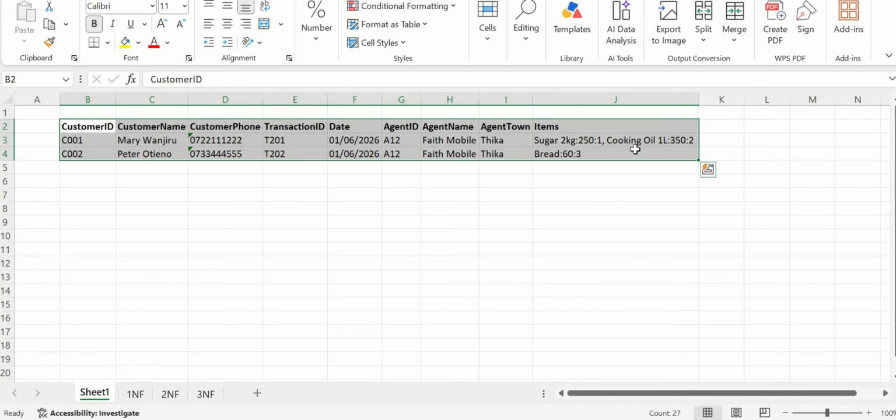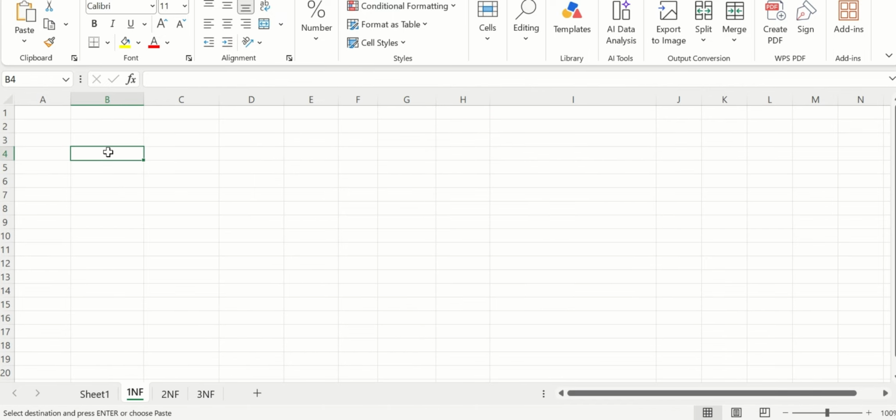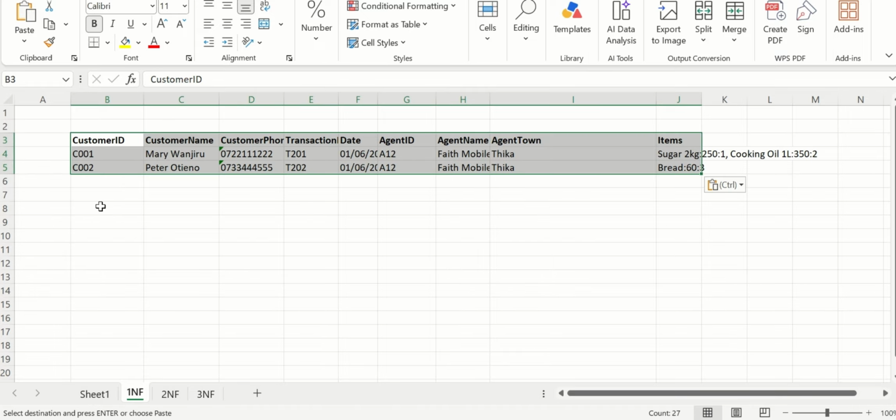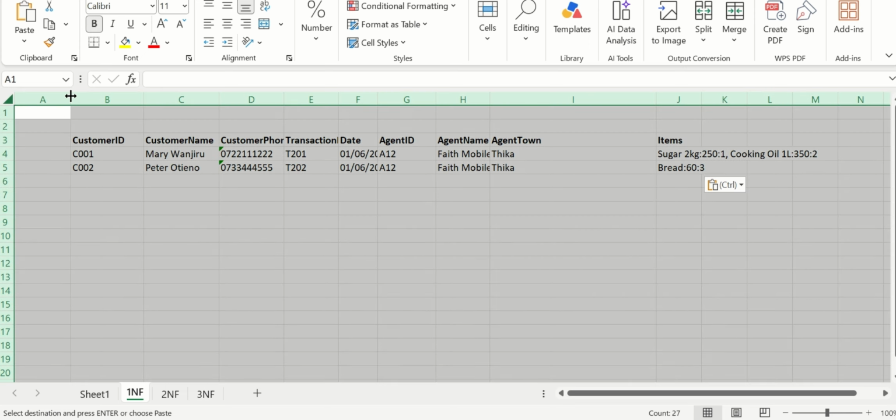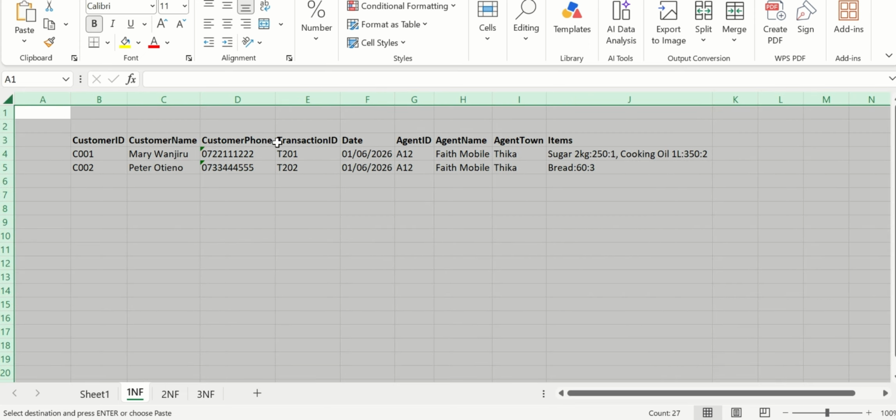So let's copy this and then apply the first normal form. Here we have to separate these combined items into their respective cells.